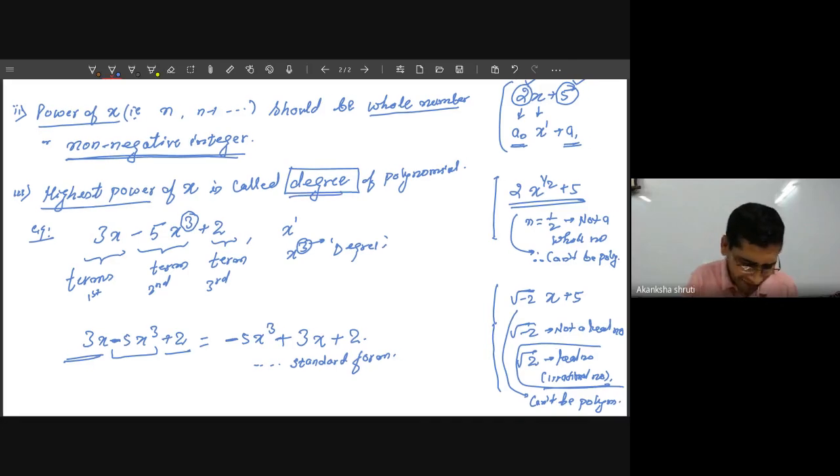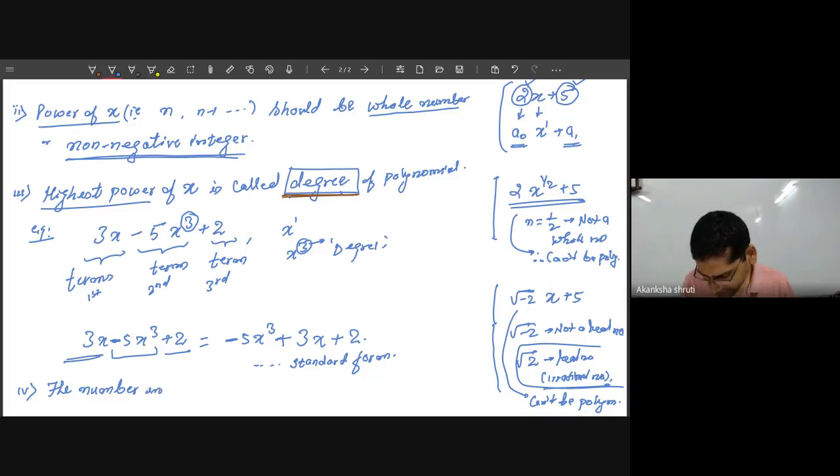So degree, here we have written the term called degree. So I had defined degree here. So write down the fourth point in this context. The number in multiple of a variable is called coefficient.